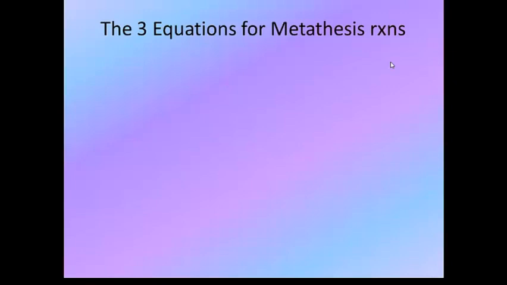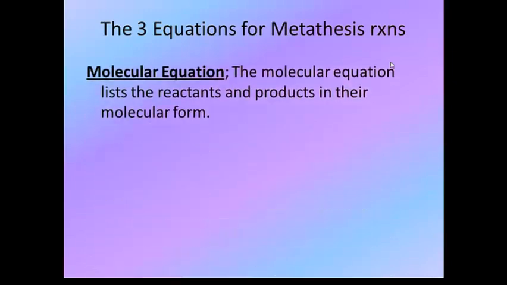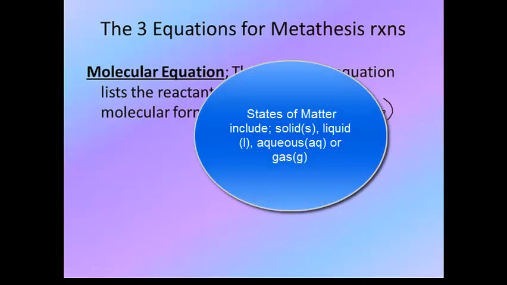The 3 equations for the metathesis reactions, in order. You have your molecular equation. The molecular equation will list the reactants and the products in their molecular form, in their compound form, with the states of matter. And usually states of matter are the little (aq).